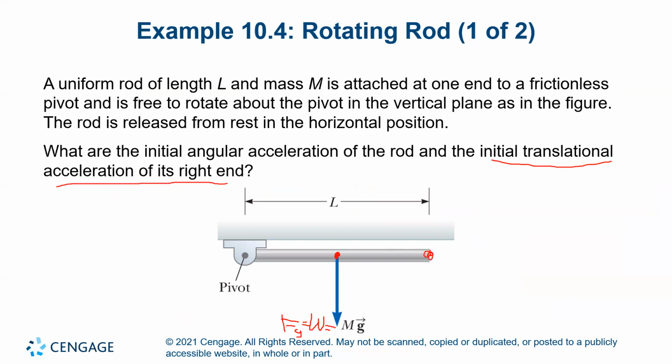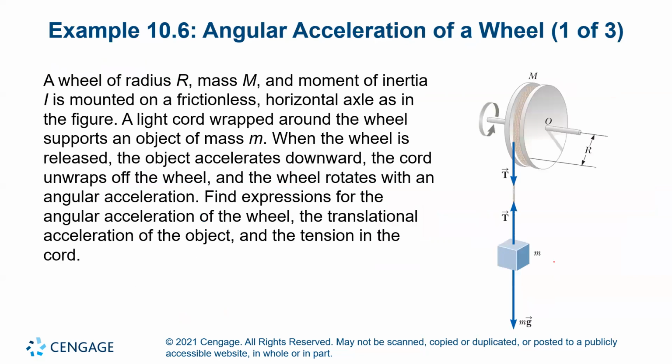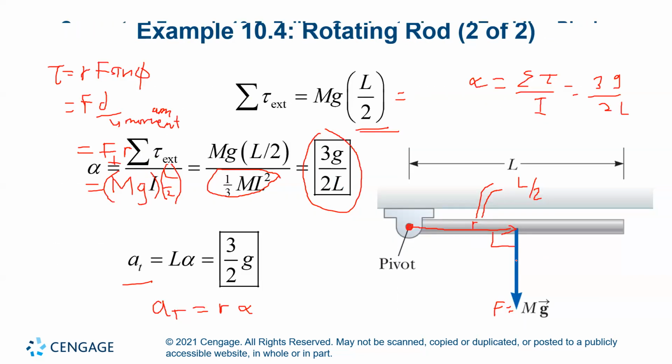So right here, that is our r for that part of the problem, which is equal to the length of the rod. So that's why we have L times alpha.